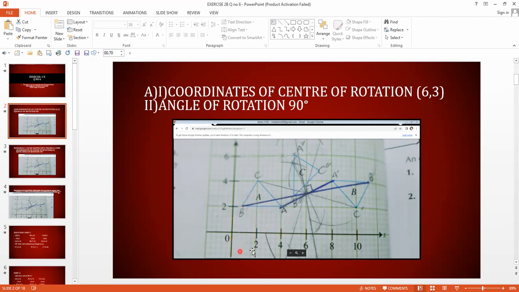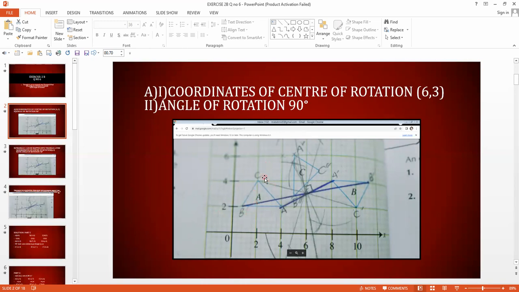Now, we come to point B. We can say point B or we can say vertex, because we already know that all triangles have 3 vertices. So vertex A is on 4 and 2. This means for x-axis it is 4 and for y-axis it is 2. Now we come to this point B or vertex B. Here it is between 0 and 2. Obviously it is 1 and 2.